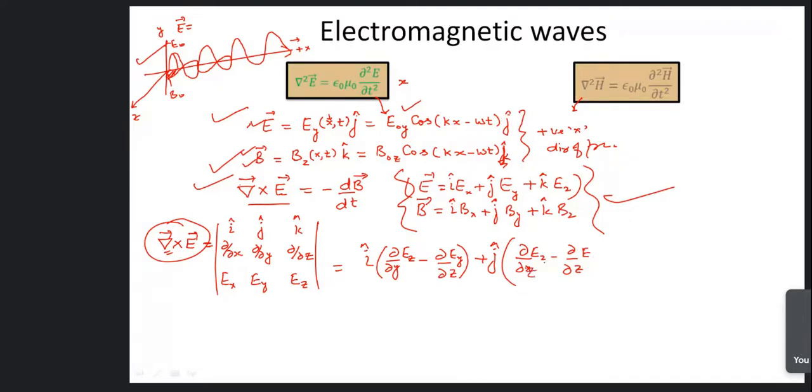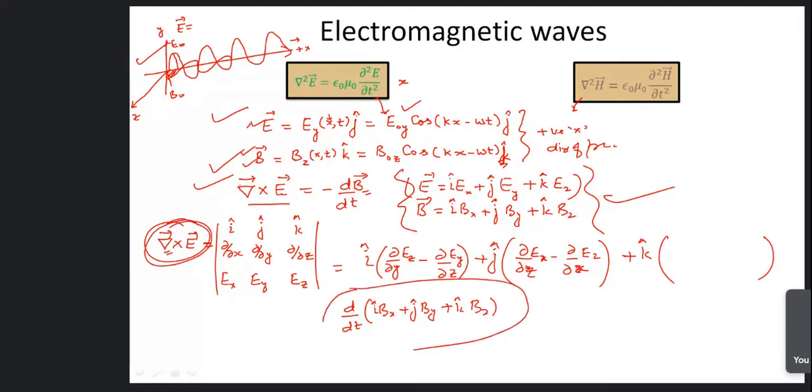This is x, and this is z. Okay, plus you can write the other component, that is the z component here. Okay, and now you can write this side. This is d by dt of Bx i cap plus j cap By plus k cap Bz, equating these two, this and this.